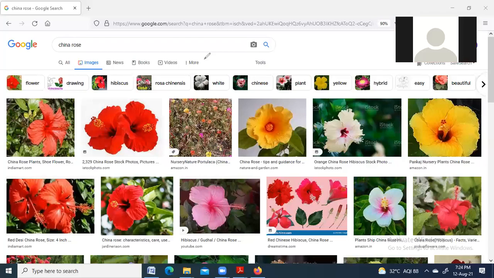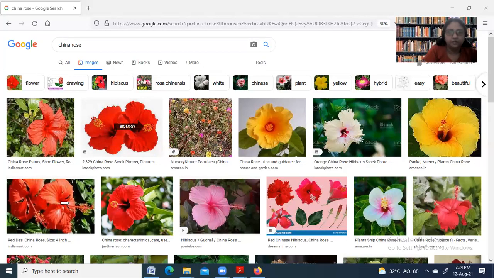If you can see this part, I am referring to the yellow part. These are all anthers, and they are actually converted into a single bunch.